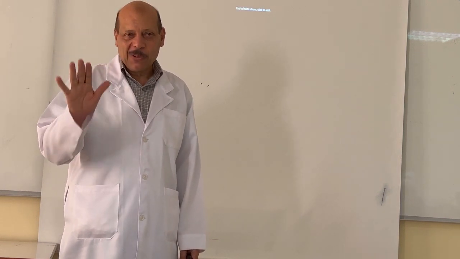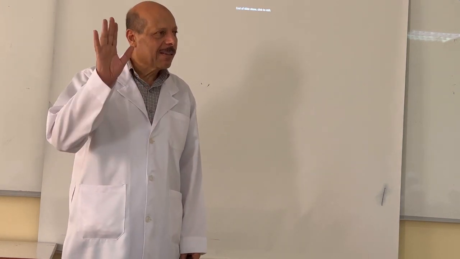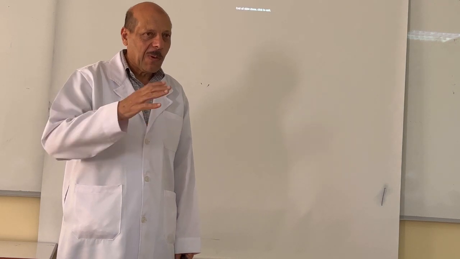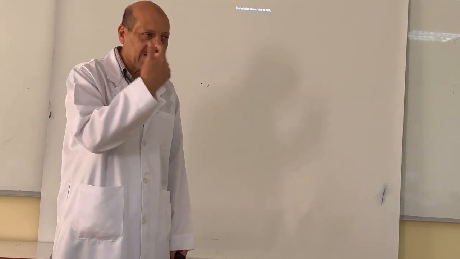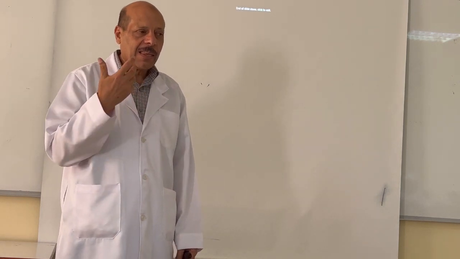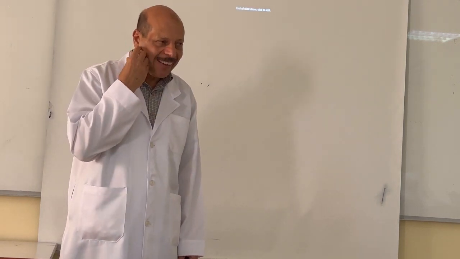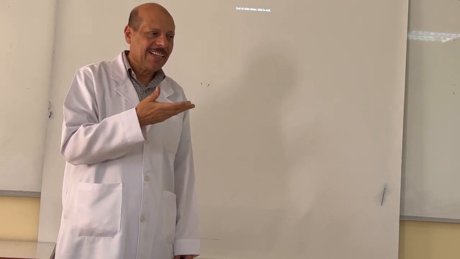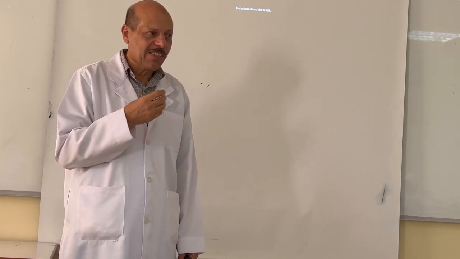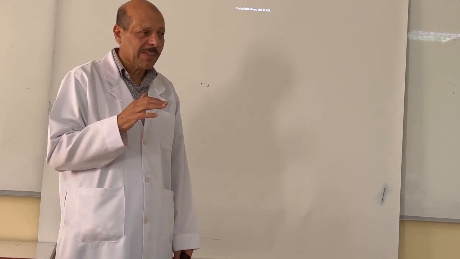So in summary, when we are doing assessment of the skin, we look first. We look for any change in color, any change in texture. Then we palpate to see the changes. If there are any changes, we have to do palpation of it.